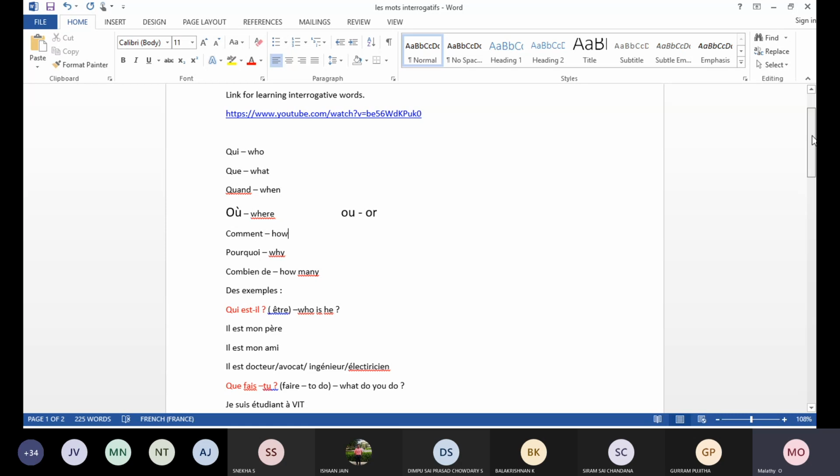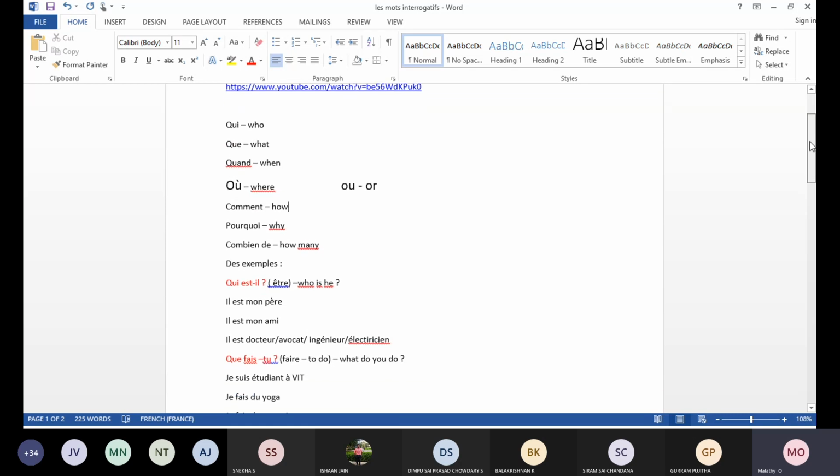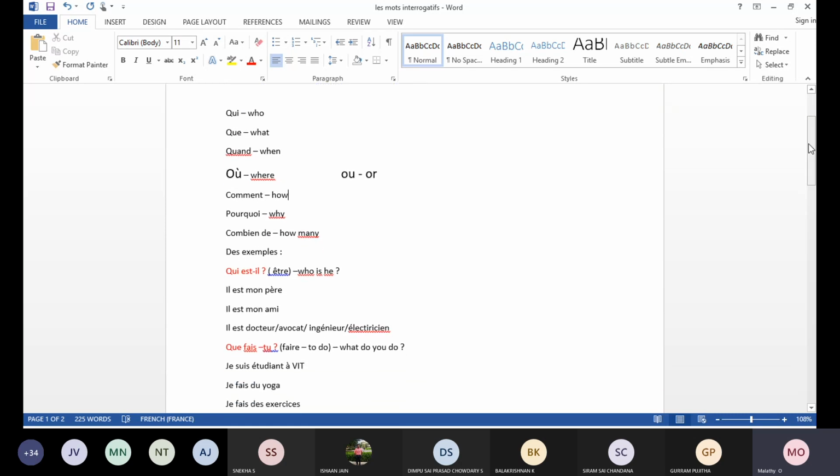Fine. So it's qui, que, quand, où, comment, pourquoi, combien de. I've put a few questions under each interrogative word here. You can see for qui, "Qui est-il?" Along with these words, we are going to use the interrogative form of verbs. We have already learned this during conjugation of verbs, the inverse form, hope you remember. So you invert the subject and the verb and then add the needed interrogative word at the beginning.